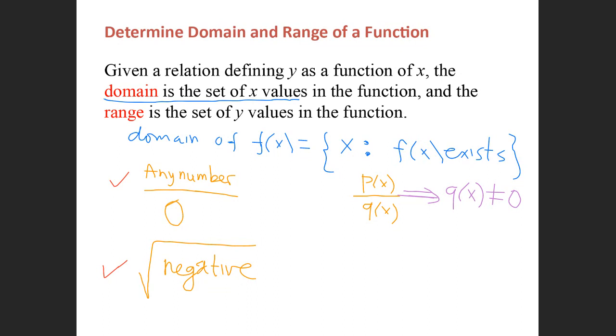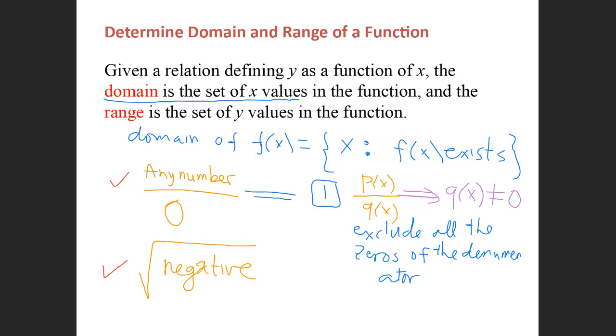So, in other words, exclude all the zeros of the denominator from the real line. So this is the first case.